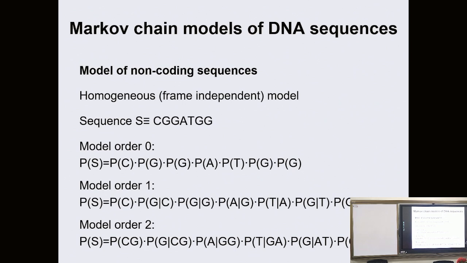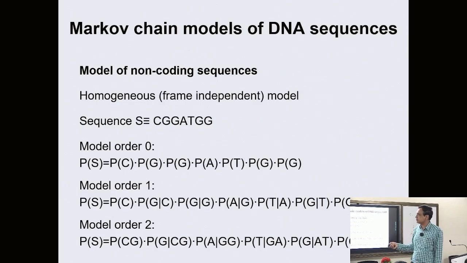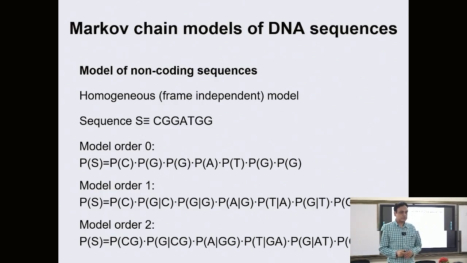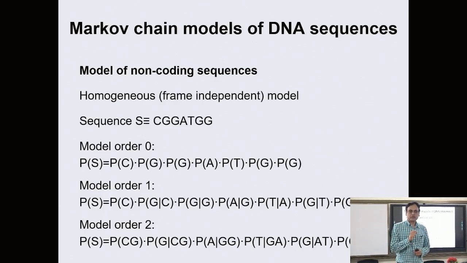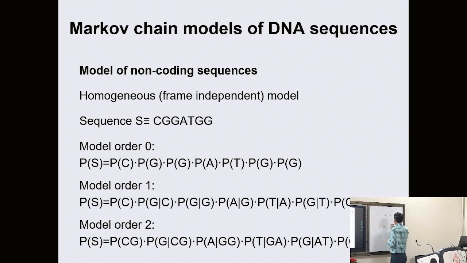So let's consider this sequence. And if I ask you to compute the probability of this sequence given a Markov chain model of order 0. Order 0 means that each of these nucleotides occur independent of each other. And you might have come across the probability of A and B when A and B are independent of each other.